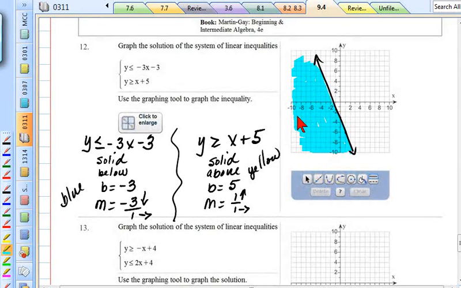Second line, I'm going to begin at 5, and I'm going to go up 1, right 1, draw a solid line, shade with yellow above.